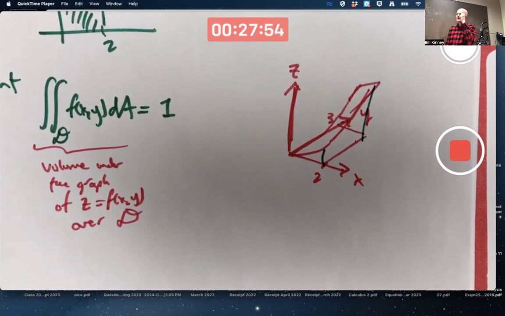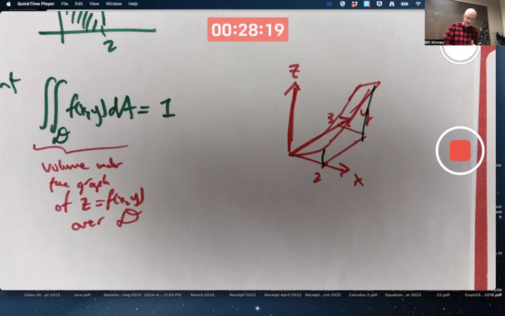Double integrals give you volumes instead of areas. Or signed volumes, possibly negative, meaning if the graph goes below the xy plane. If the graph is entirely below it, the double integral is going to give you a negative volume, the opposite of the volume above the graph and below the xy plane.